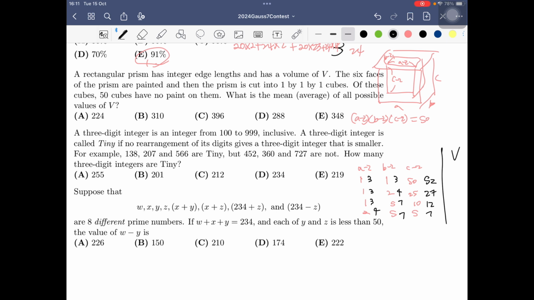Oh no, I made a mistake. So when I calculate it, it is 310.